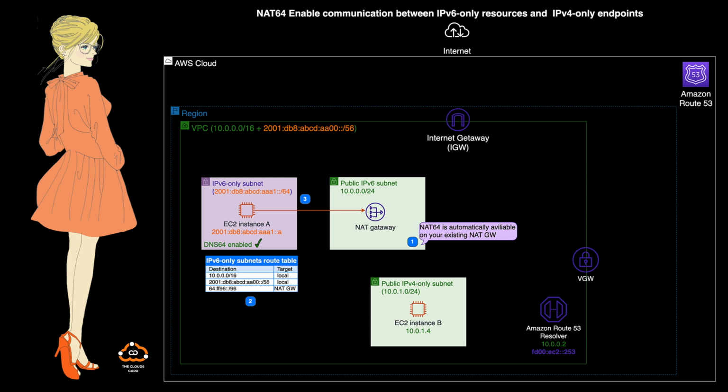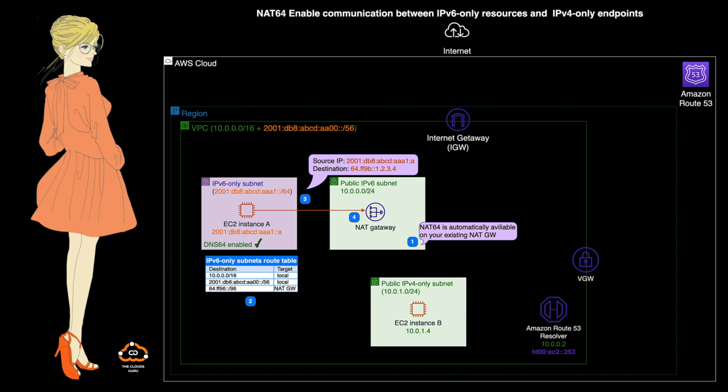Now, the IPv6 packet from the IPv6-only instance is sent to the NAT64 gateway. The source IP is the instance IPv6 address, and the destination IP is the DNS64 synthesized IPv6 address that was returned by the Route 53 resolver.